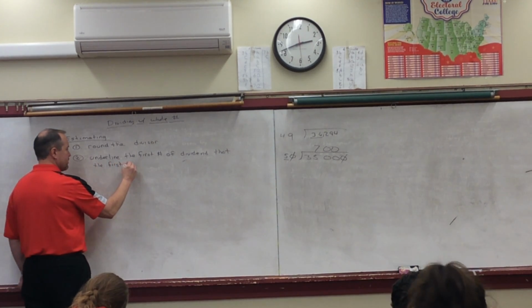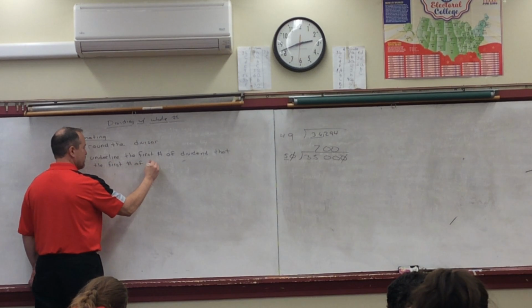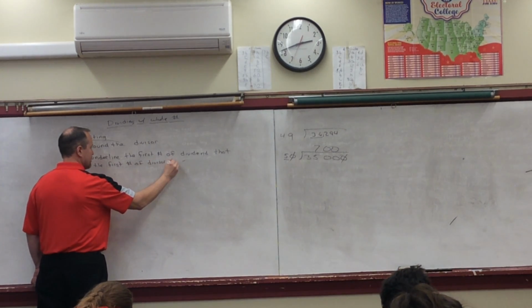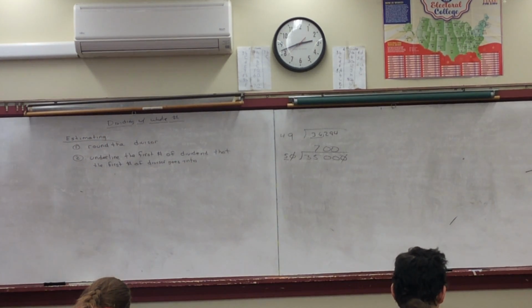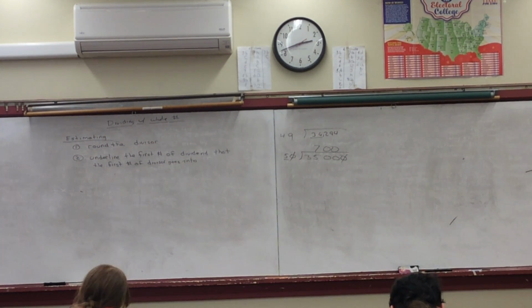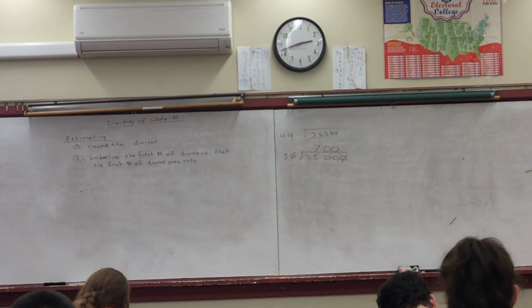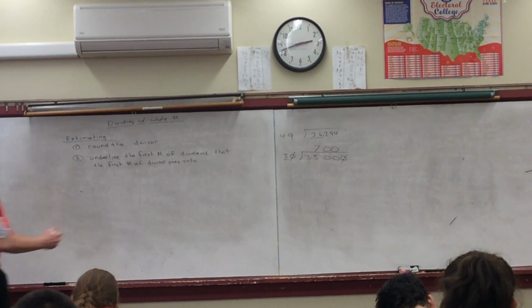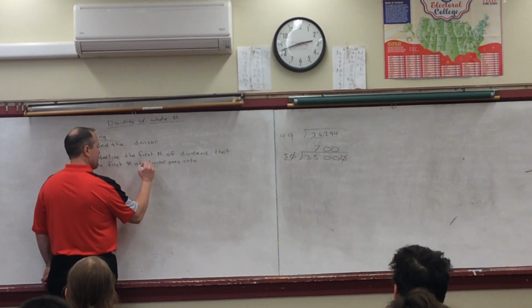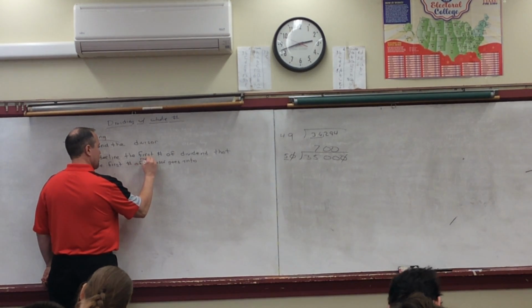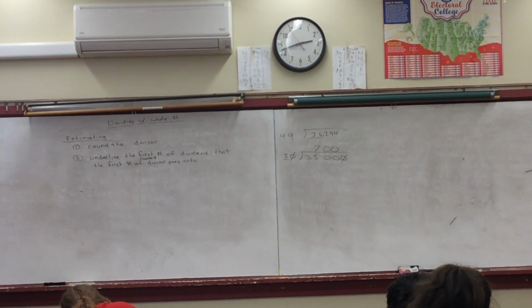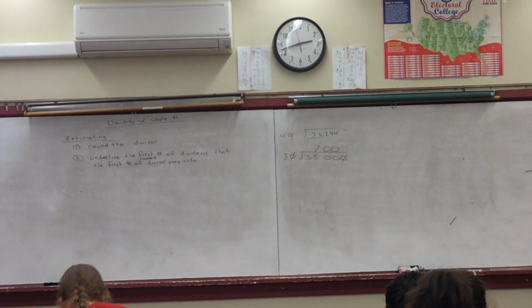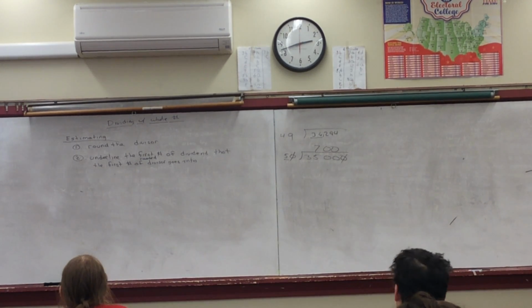Does that make sense? We can change it around so it makes sense. Underline the first number of the dividend that the first number of the rounded divisor goes into. Does that make sense? It doesn't matter to me if I understand it, but you need to be the one that understands it. Everybody comfortable with that?